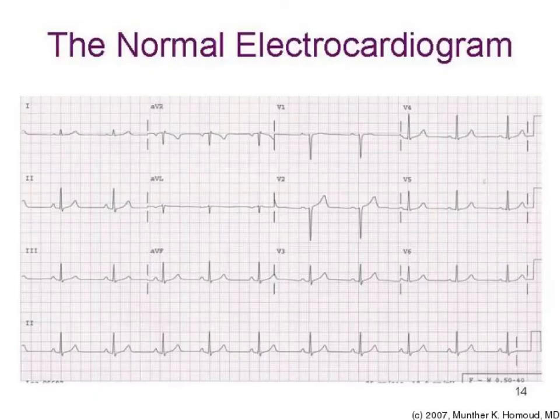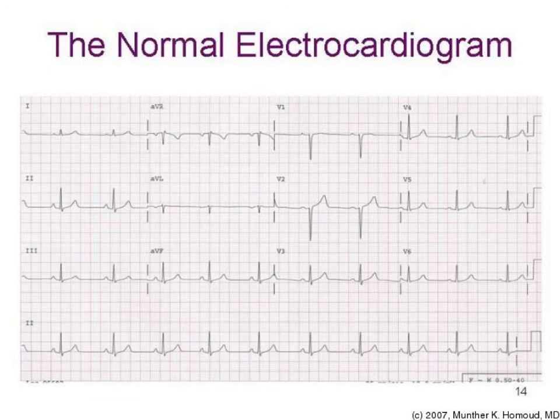To summarize what we've covered in the basic principles of ECG analysis section, remember we have 12 different leads or vectors that we place on the body to pick up electrical activity from the heart from different angles.